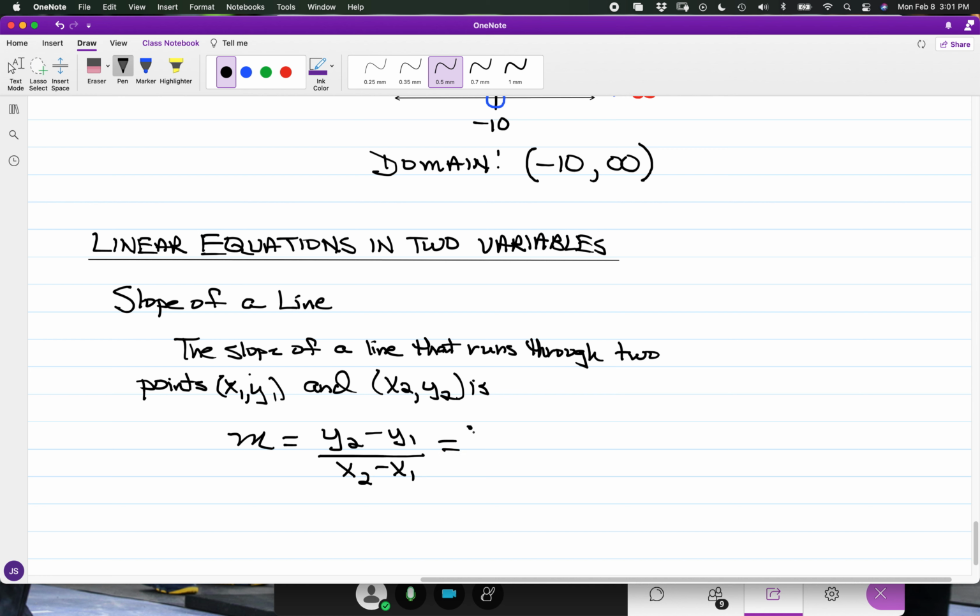And so you're looking at vertical change with respect to horizontal change.